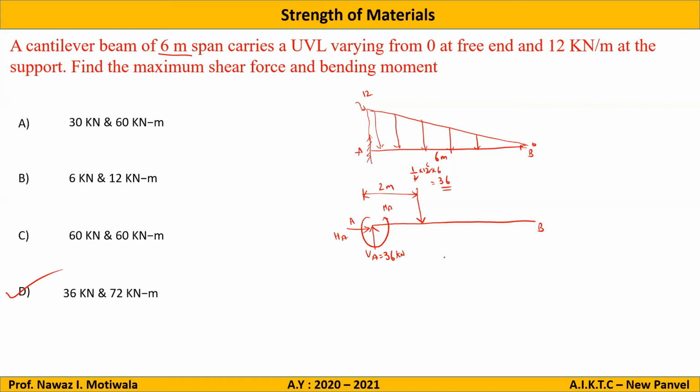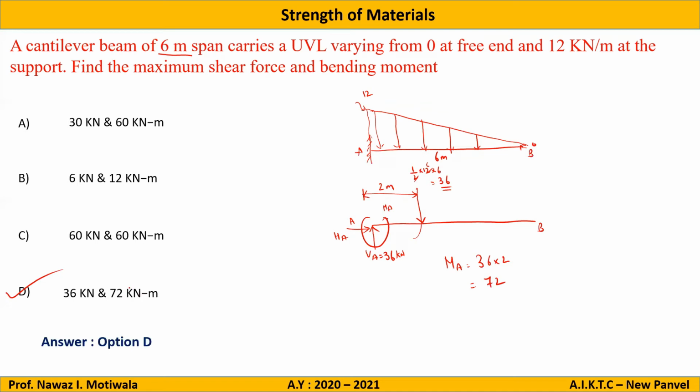And if you want to find out the moment at A, MA is equal to 36 into 2, which is equal to 72. So the answer is 36 and 72. Option D.